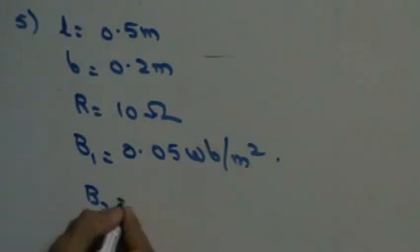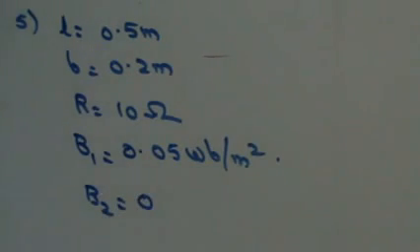If the magnetic induction is uniformly reduced to zero in 10 raised to minus 4 seconds, find the EMF and the current induced in the coil.